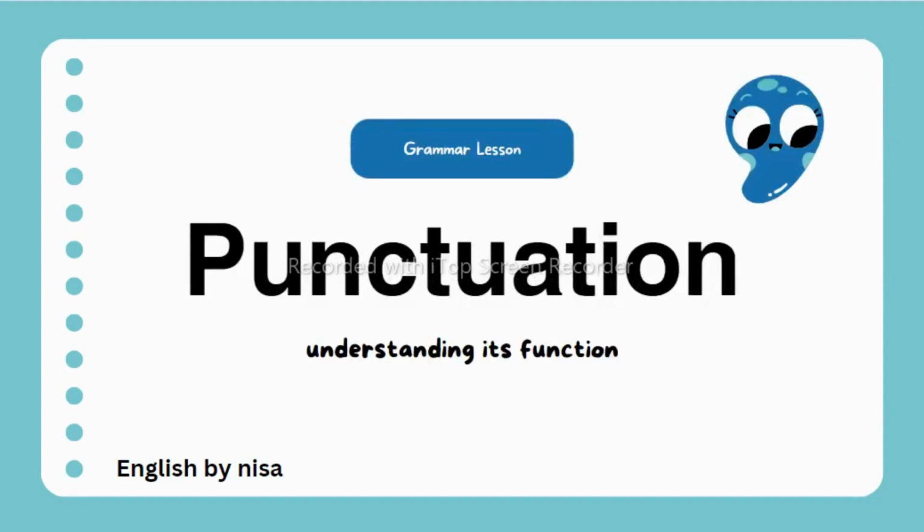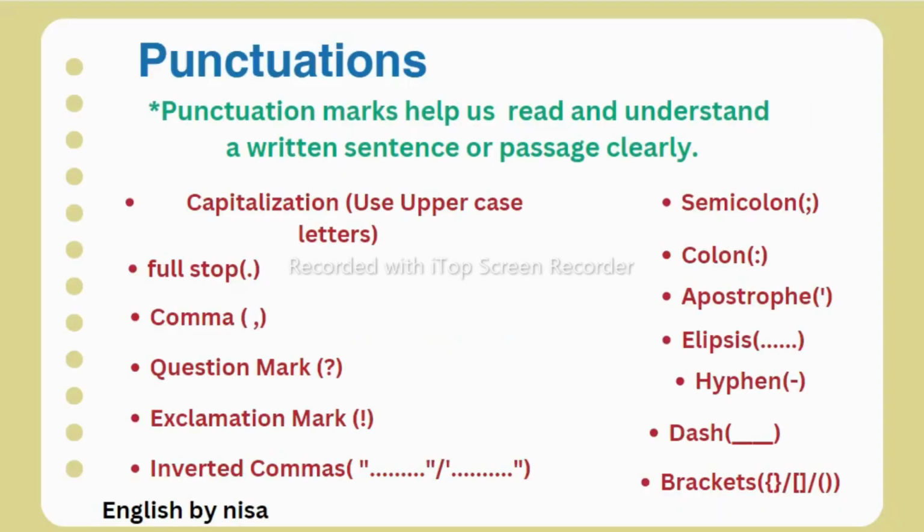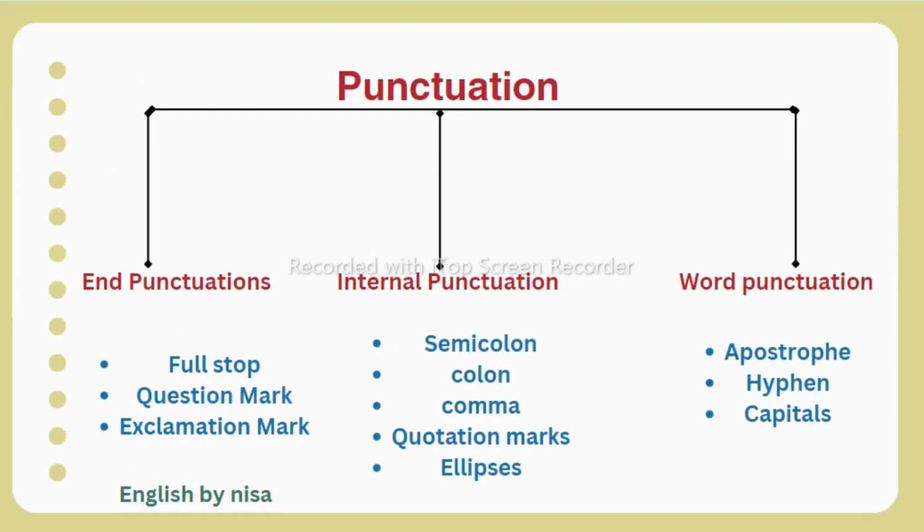So in this series we are learning punctuation marks. In the last video I explained what punctuation marks are, what the importance of punctuation marks is, and how many types of punctuation marks we have, like end punctuation, internal punctuation, and word punctuation. You can watch that video; I'm providing the link under the description box.